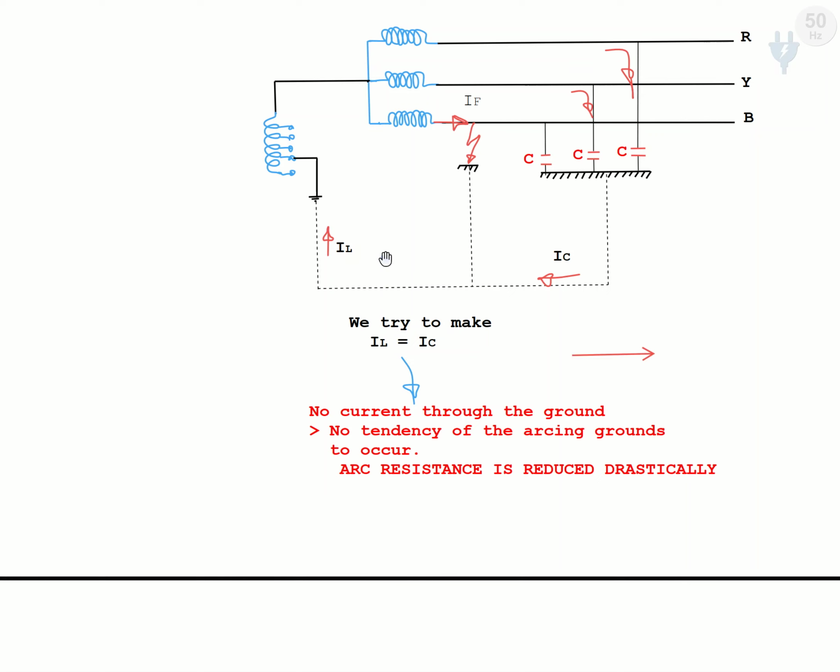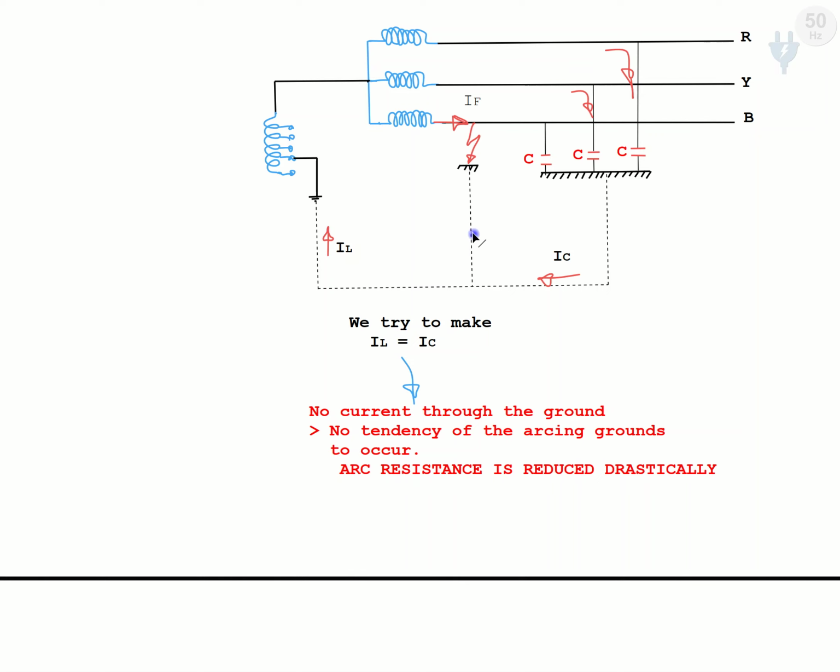So the important point that remains is the resistive current of the fault, because when IC equals IL, then almost no current flows through the ground, but a small amount of current tries to flow.